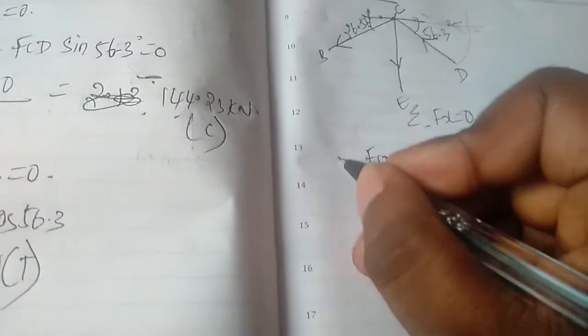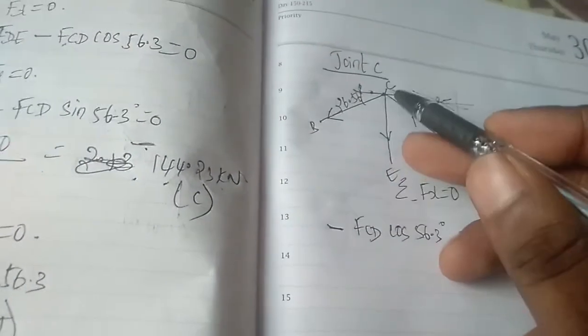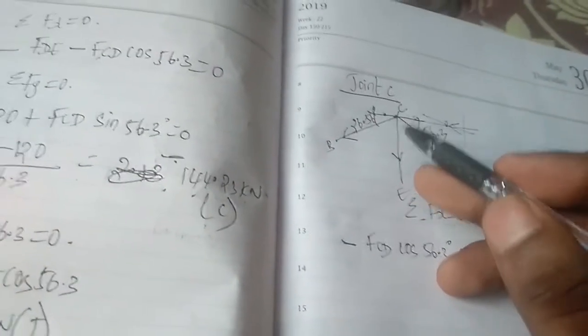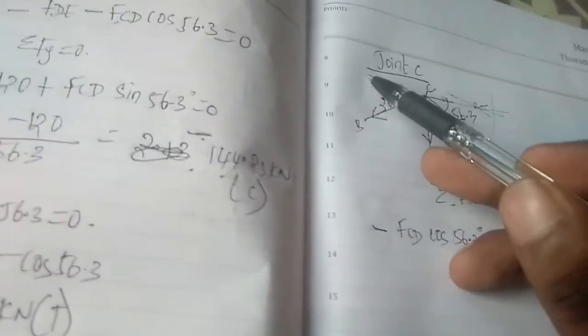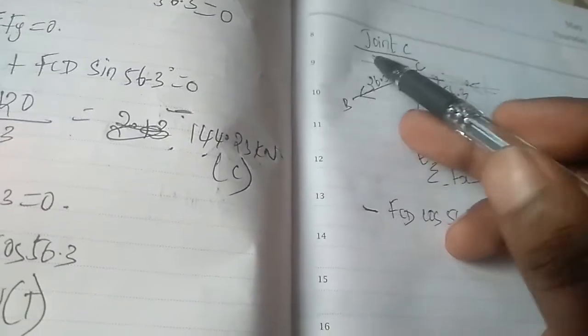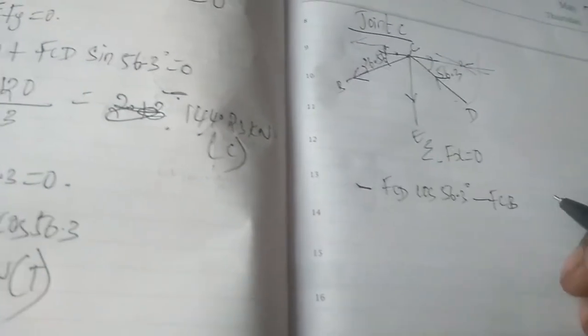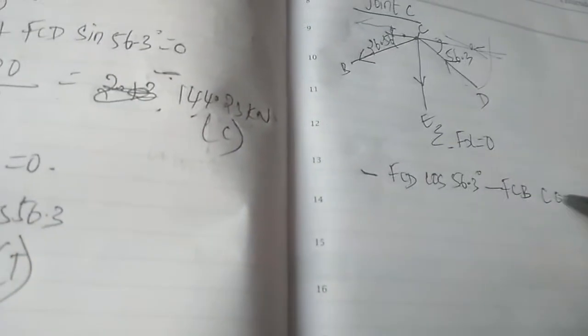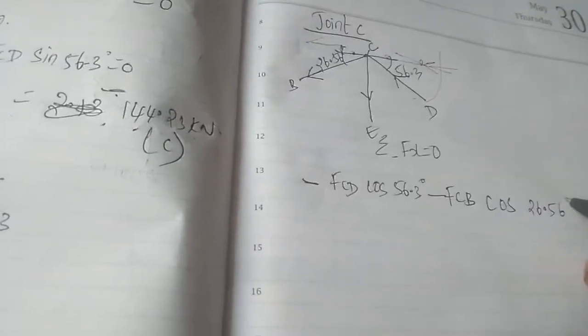That means that is minus. The vertical component you can't consider, and this force you can take in this direction. So this is also acting towards left. That means minus FCB cos 26.56 degree is equal to 0.